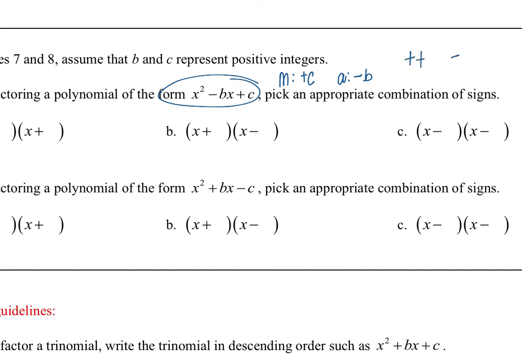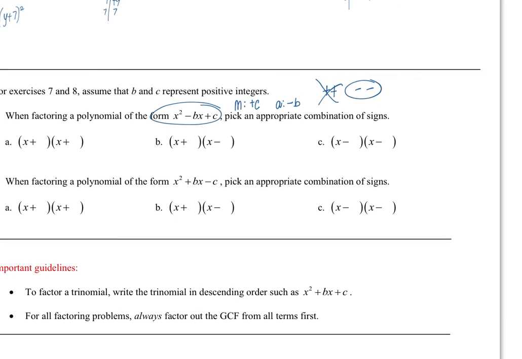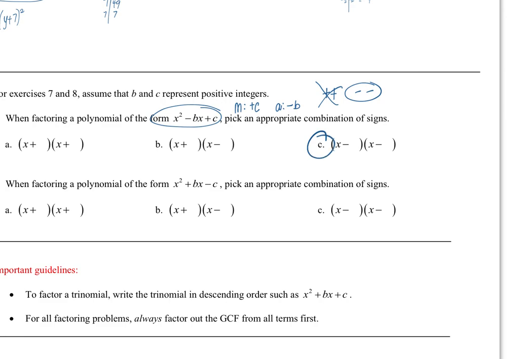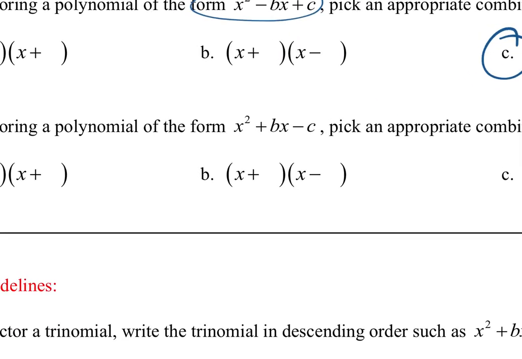So either both positive or both negative. And since you're adding to get a negative, well, then they can't both be positive. They'll have to both be negative. So option C is our answer there.